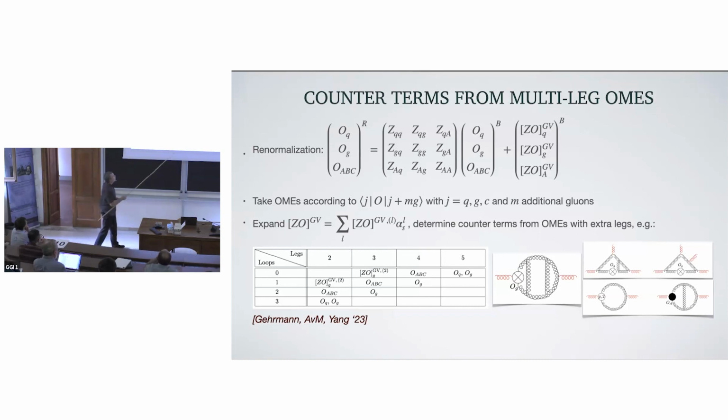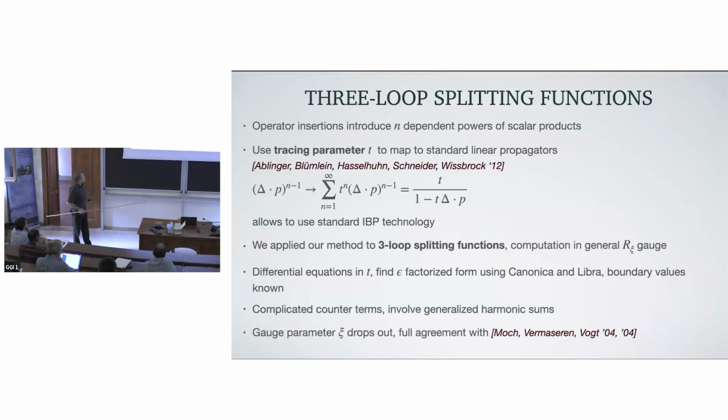So basically, the things you insert here as subtopologies. So we just extract what we need to cancel the divergences there, and then we plug that into the lower-leg, higher-loop result. And in this way, we can construct all of our counterterms.